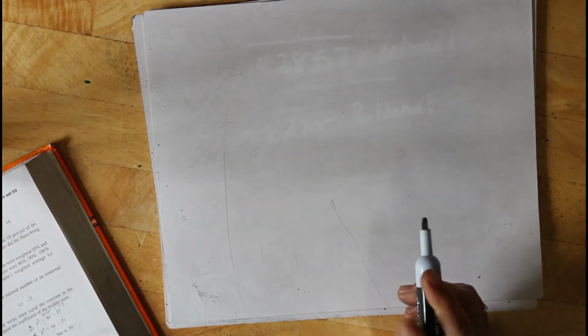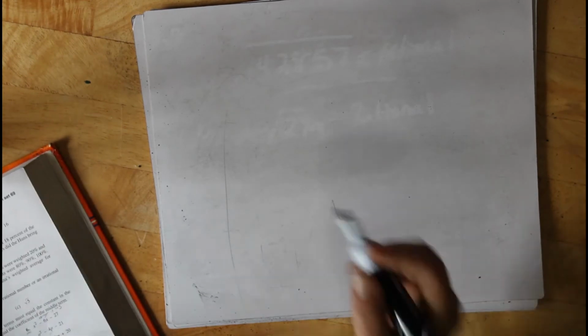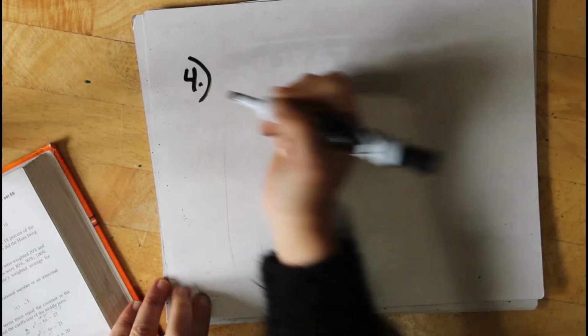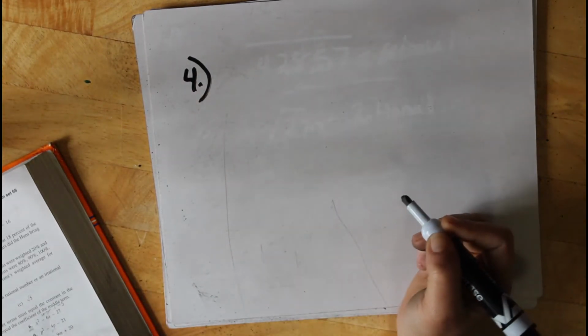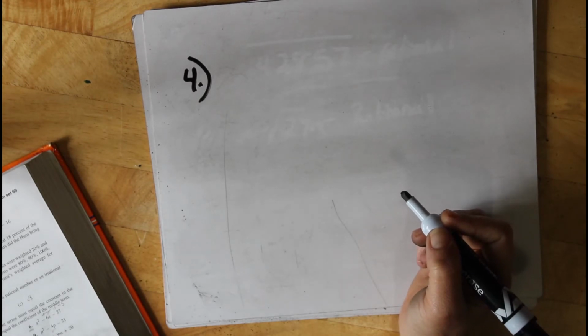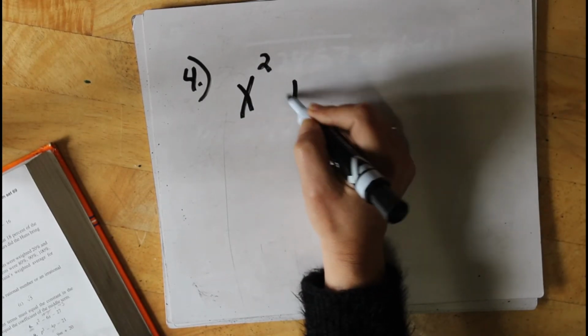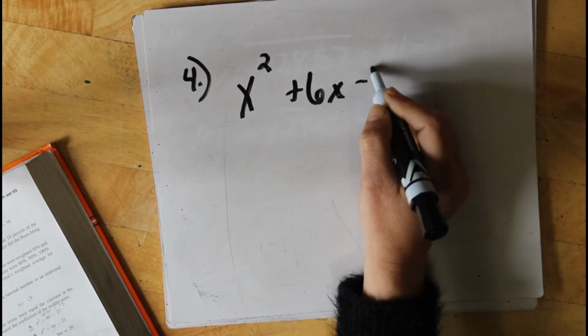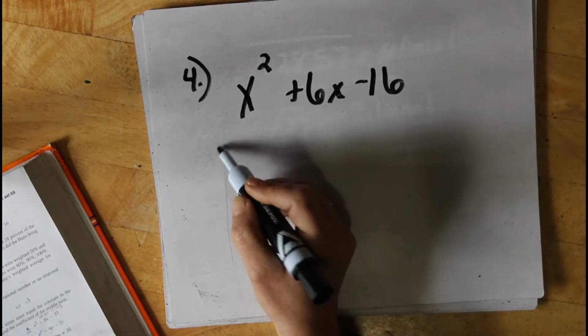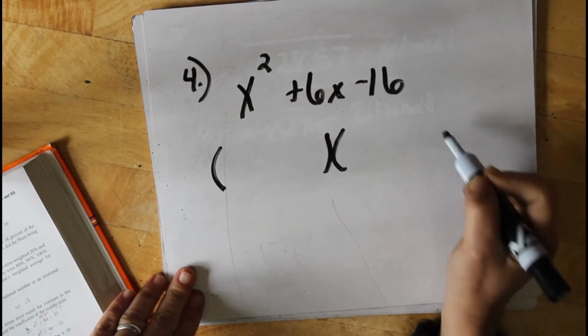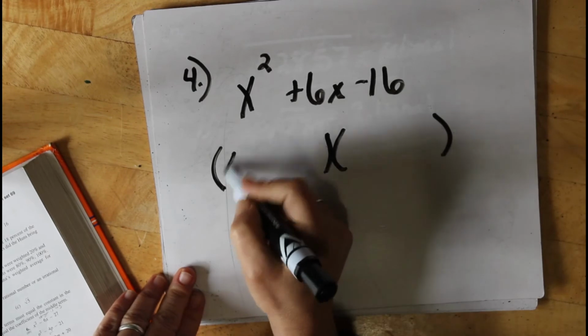All right, next one is number 4. Factor, remember that the product of the constants must equal the constant in the trinomial. So we got to factor x squared plus 6x minus 16. First thing we're going to do is draw our parentheses and put x at the beginning.